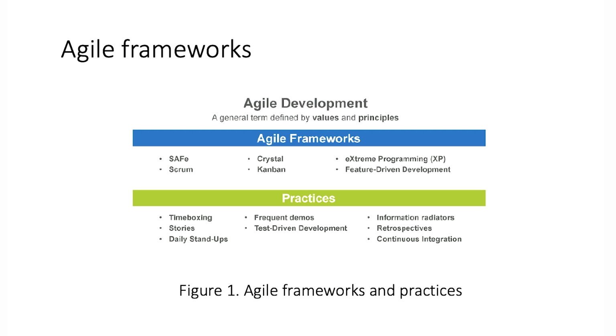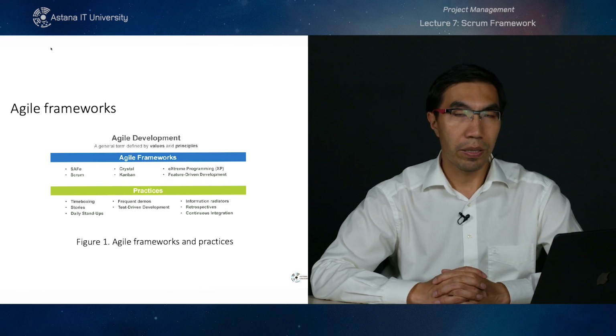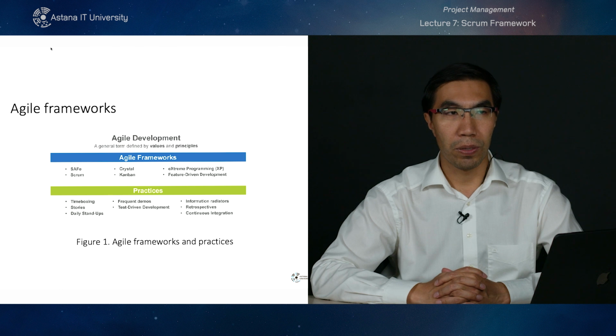These frameworks use various practices such as time boxing, stories, daily stand-ups, frequent demos, test-driven development, information radiators, retrospectives, and continuous integration. As you are getting more knowledge about project management, it's better for you to understand these differences.